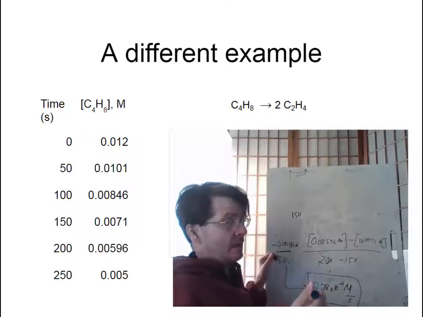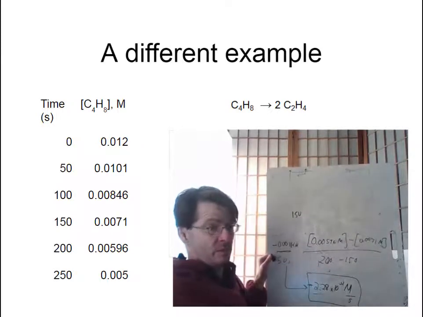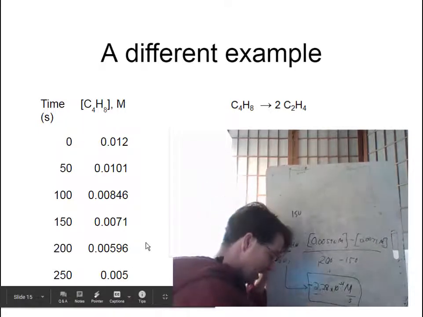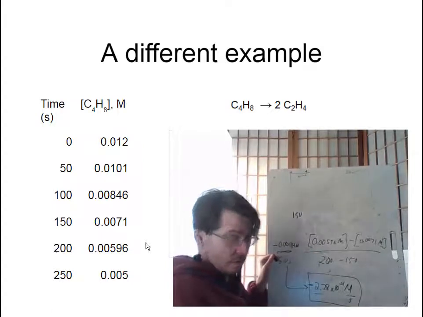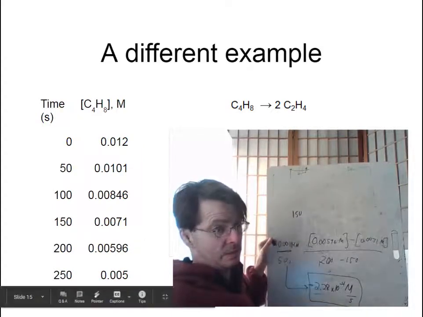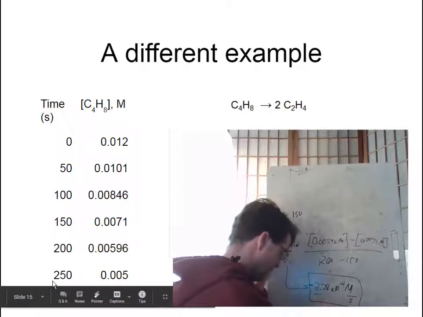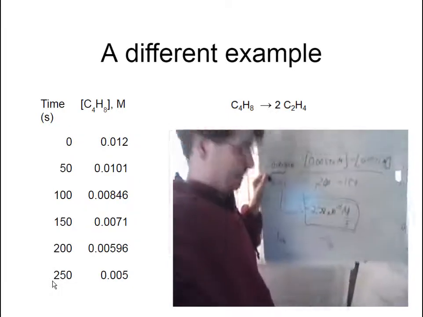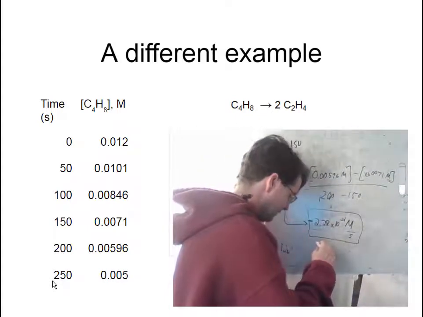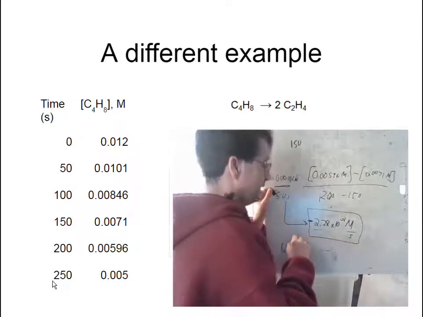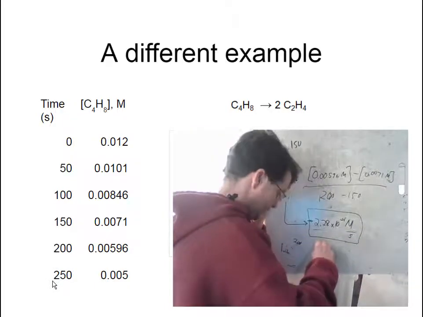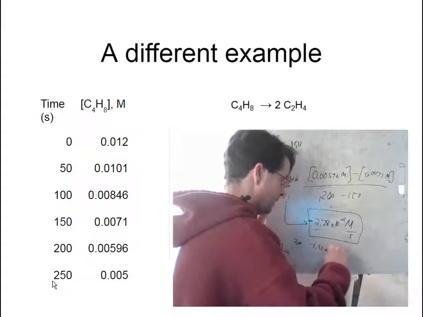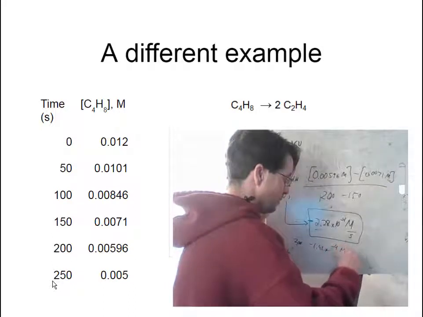Now if you take a look at the rate at one of the other times, say between 200 and 250, you'll see that it is not 2.28. Prove this to yourself: between 200 and 250, the average rate is 1.92 times 10 to the negative 4th molar per second.